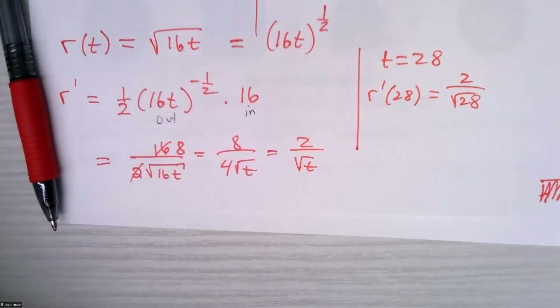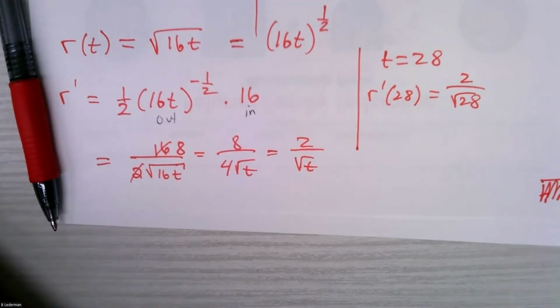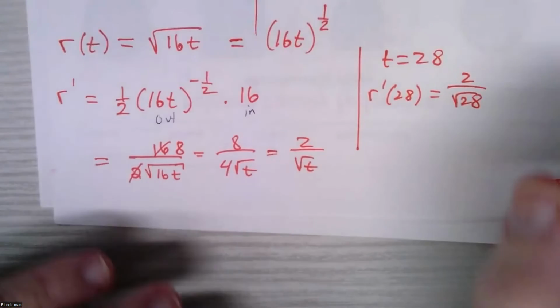And for that, I'm just going to use a calculator. But I could reduce it even further, and I'm going to reduce this further just to do a little algebra.